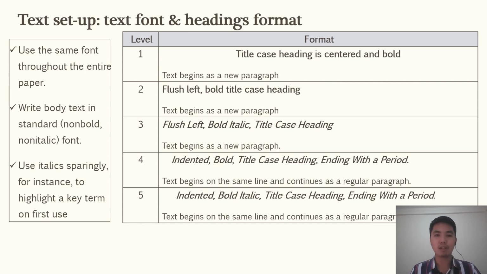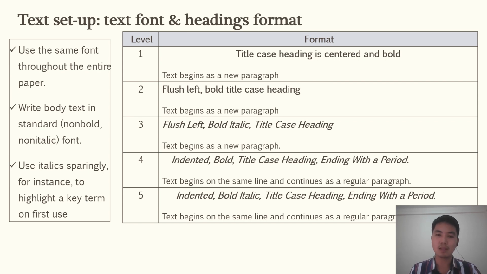For the level 3 subheading, we use flush left, bold, italics, title case heading, and the text begins as a new paragraph. For the level 4 subheading, the heading is indented, bold, title case, and ends with a period.